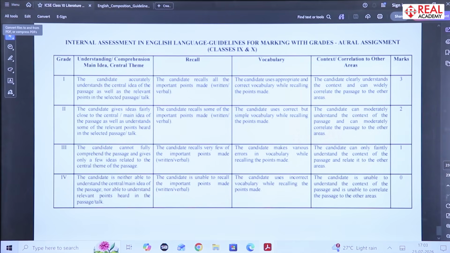This is internal assessment in English language with grades, oral assignment. First one is understanding, comprehension, main idea and central theme, then recall, then vocabulary, then context, correlation to other areas, and the marks. The chart is important, just go through it so that you can get an overview of everything.